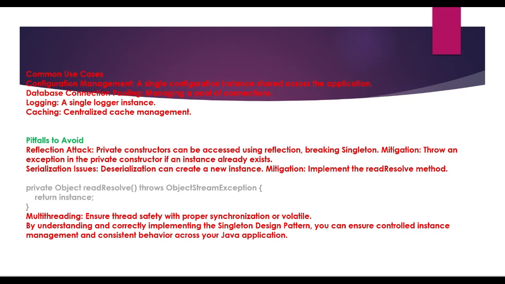Serialization is one of them, and there are two or three other ways, where cloning is one of them. So in order to avoid those scenarios, consider reflection: the private constructor can be accessed using reflection, right? In that case, it will break the singleton. To avoid this, we have to write logic inside the private constructor that throws an exception.